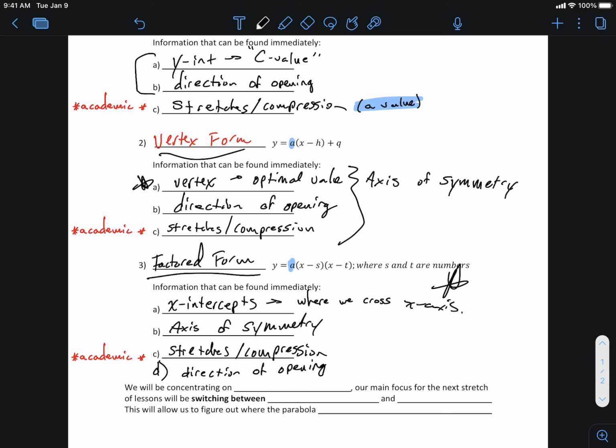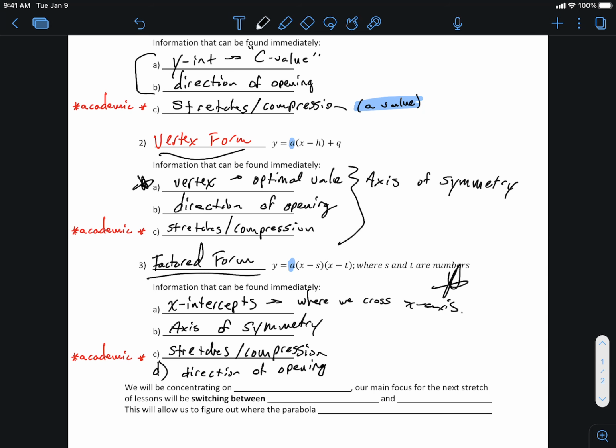So if a question asks you about a maximum or a minimum, you take the parabola, let's say it's in standard form, and you switch it to vertex form so that you can see the vertex and answer a question about maximums or minimums. If the question's asking you about the x-intercepts, then you take it and switch it into factored form so that you can read off the x-intercepts and answer the question. That's all we're doing.